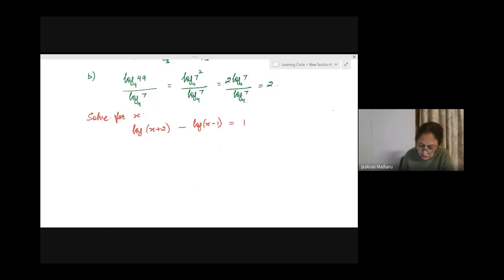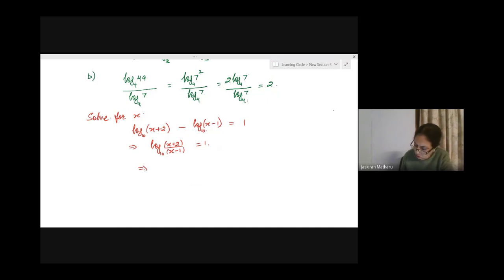Since it is getting subtracted, and when no base is mentioned we always assume the base is 10, we can say this is equal to log of x plus 2 divided by x minus 1, to the base 10, is equal to 1.